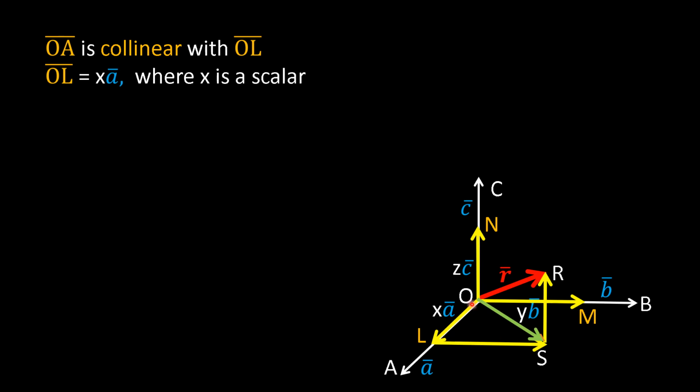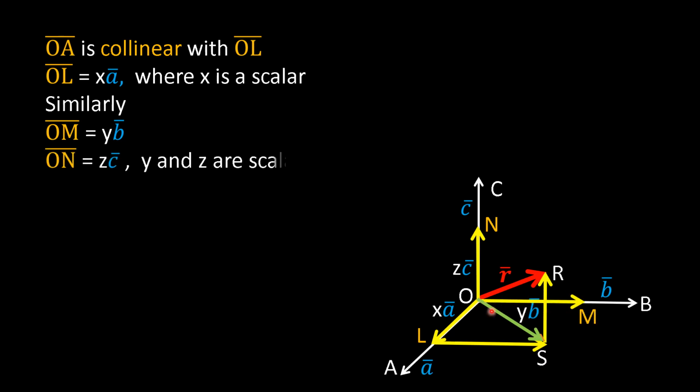Therefore, OL bar will be X A bar, where X is a scalar. Similarly, OM bar will be Y B bar, and ON bar will be Z C bar, where Y and Z are scalars.